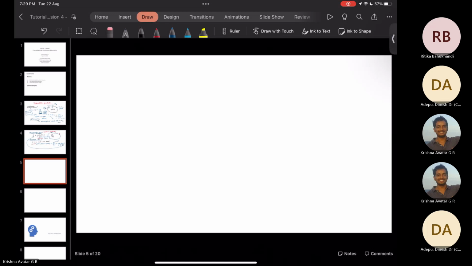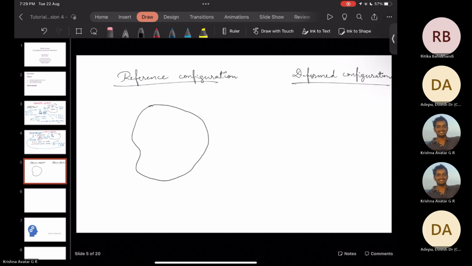First I'll explain what is the material configuration. Usually we just call it the reference configuration, and something known as the deformed configuration. In the reference configuration, we have a body at some time.